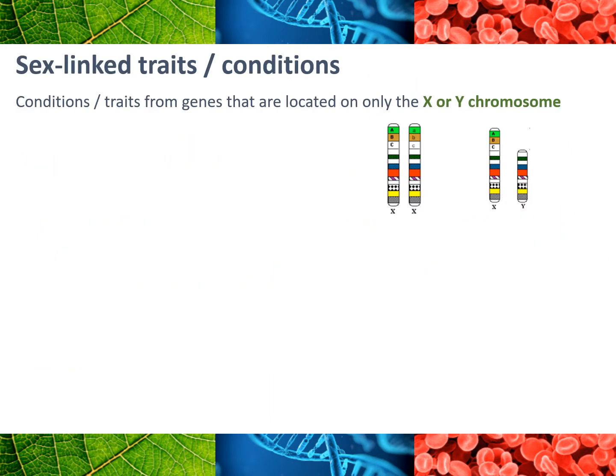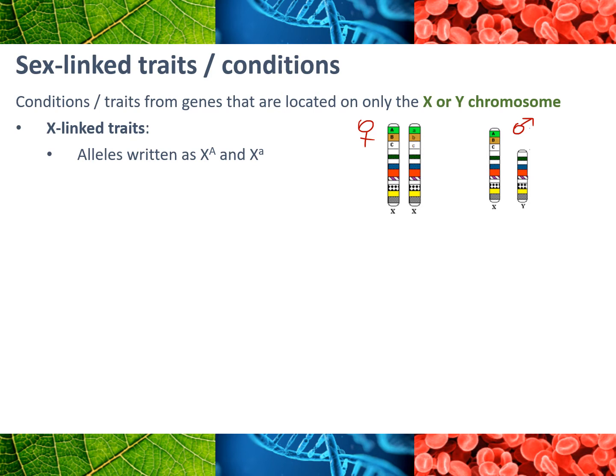Looking at these chromosomes in a little bit more detail, females have two X chromosomes, males have an X and a Y. X-linked traits are anything that are carried on the X chromosomes, so obviously females or males can have that.